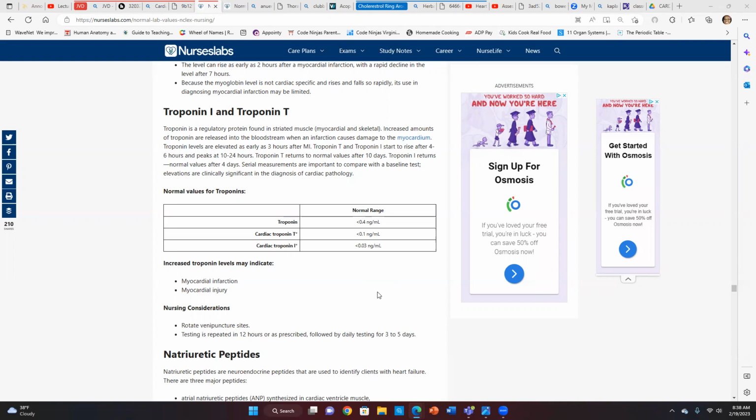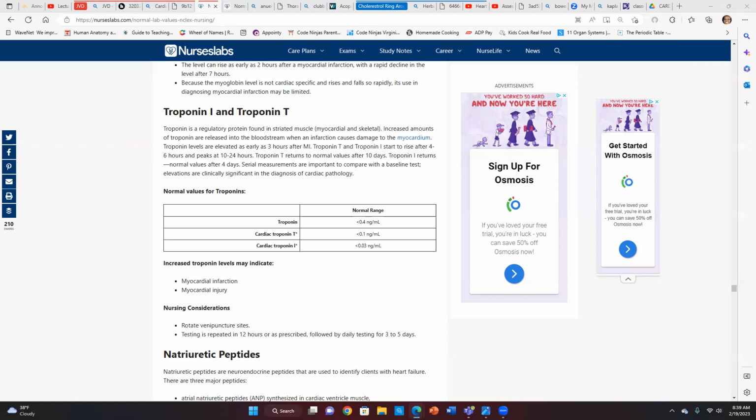So when we think about these cardiac enzymes, specific enzymes will tell you different things about heart functioning. The troponin level is really the gold standard, is really what we look for. All the other cardiac markers are important, but troponin, I believe, is going to be the most important one. If you could only know one lab value for your patient, I would want to know the troponin levels.